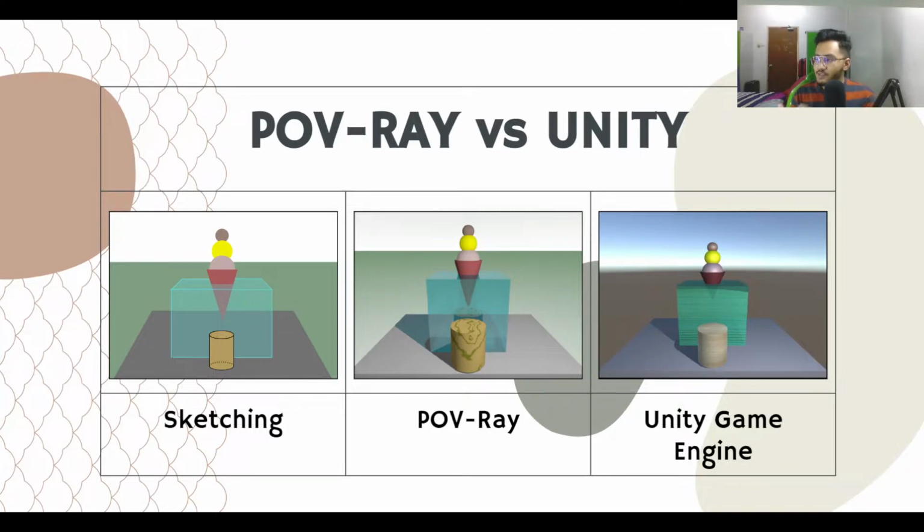Next we move to Porphyry. In the Porphyry platform, we are trying to make it clearer to see the reflections in the glass. For example, the image of the cylinder is reflected in the glass cube.